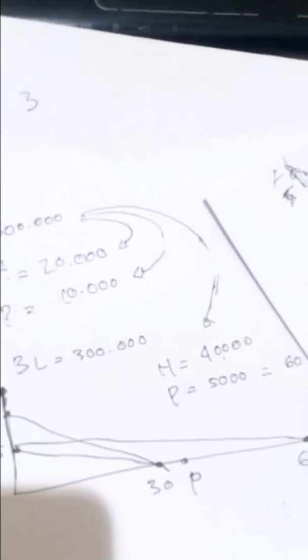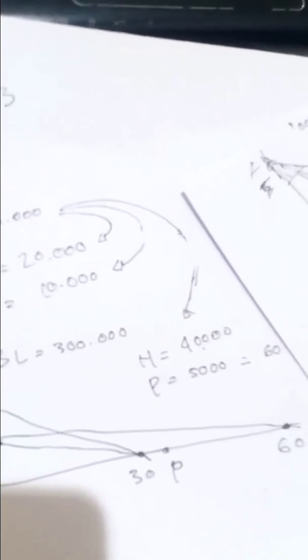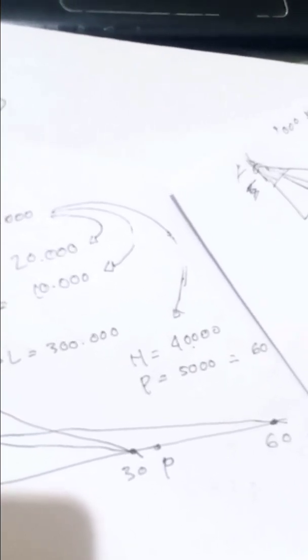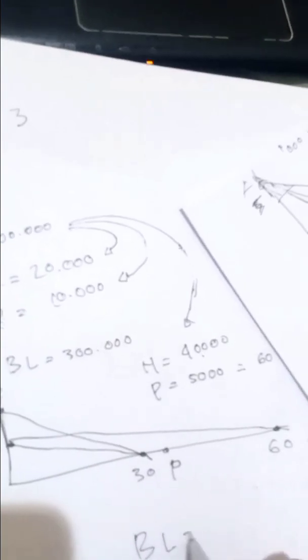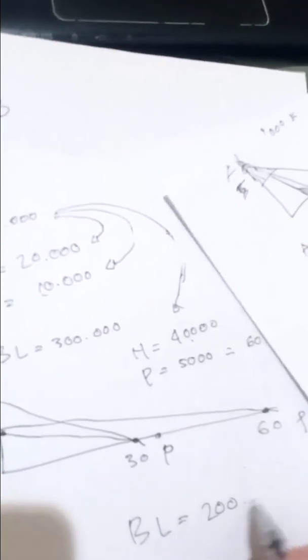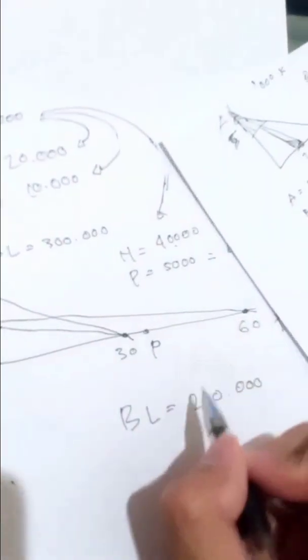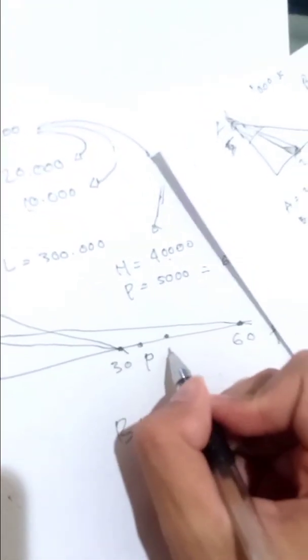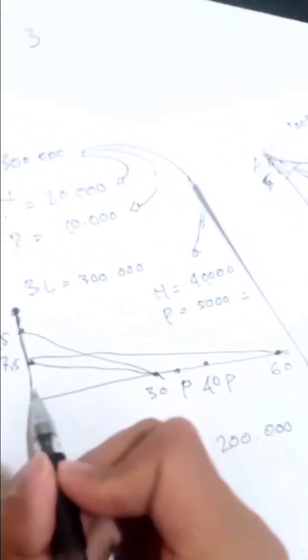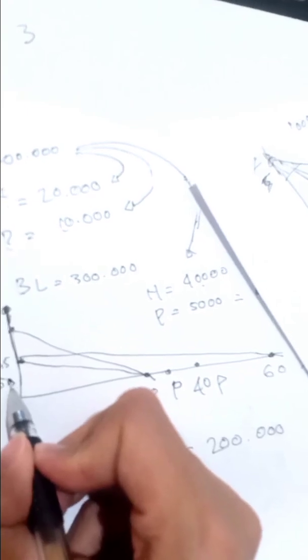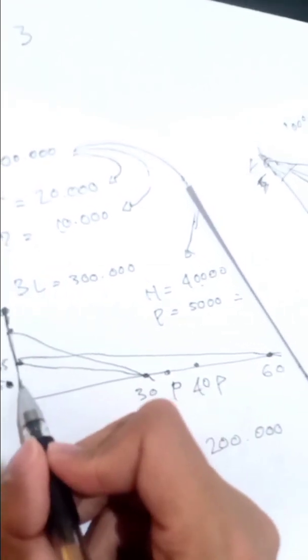And the last: what will be the change if the budget decreases? If the budget becomes 200,000 only, it will be like this one, 40 for pen and 5 for notebook.